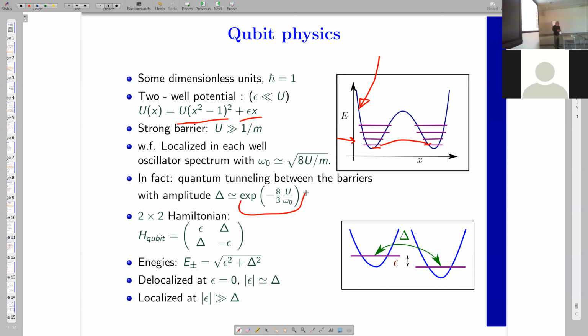What you can do is to concentrate on the lowest pair of levels and forget about the rest, to make the simplest Hamiltonian possible, a 2 by 2 Hamiltonian. It has two parameters, asymmetry of the wells and tunneling between the wells. So, if you wish, it's an analogy with how qubits are realized experimentally.